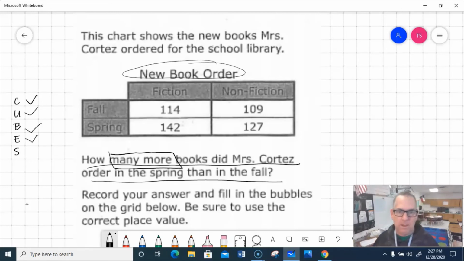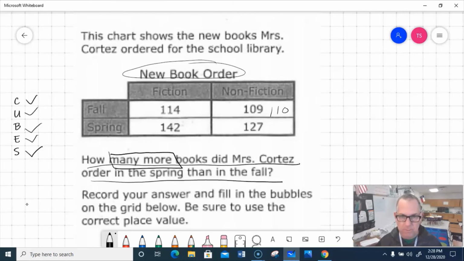Okay, but we'll go ahead and go into the solving part of this. The first thing we need to do to solve this is figure out how many books she ordered in the fall. I can use some mental math here, some of my properties of addition. So 109 is really close to 110, so I'm going to put this 110 right there.